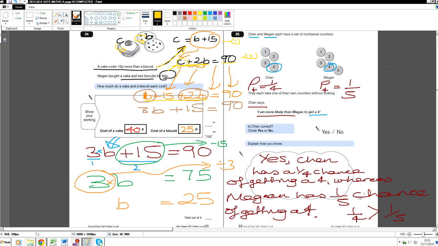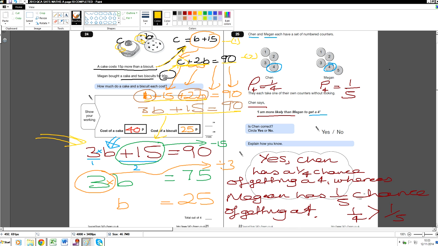Now B add the 2B can be simplified. That gives us 3B, plus 15 gets copied down. That gives us this equation here. This is all a linear equation. What we did here at the bottom, we copied down this equation and started to solve it.